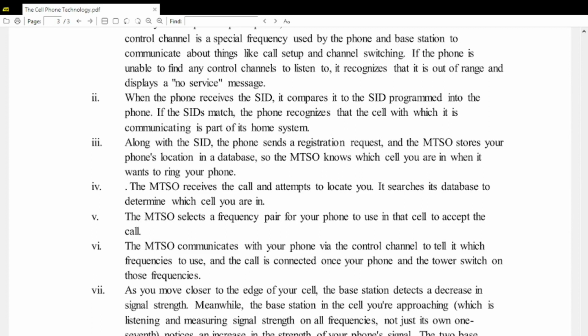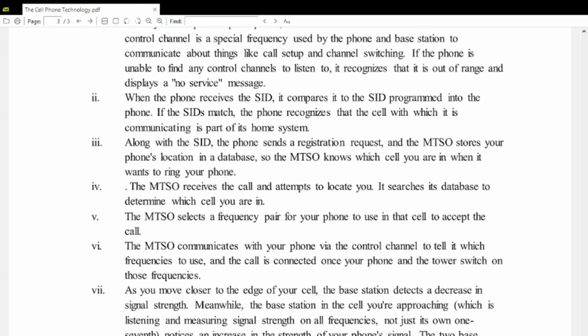So this is what normally happens. As you move closer to the edge of the cell, the base station detects the decrease in signal strength. At the same time, the cell that you are approaching, its base station will start noticing the increase in signal strength as you approach it.